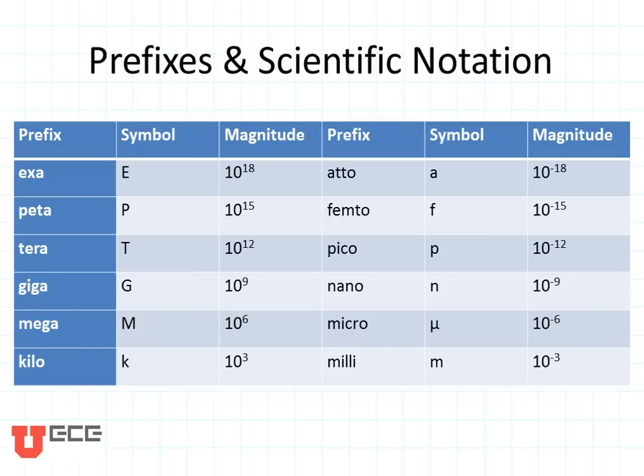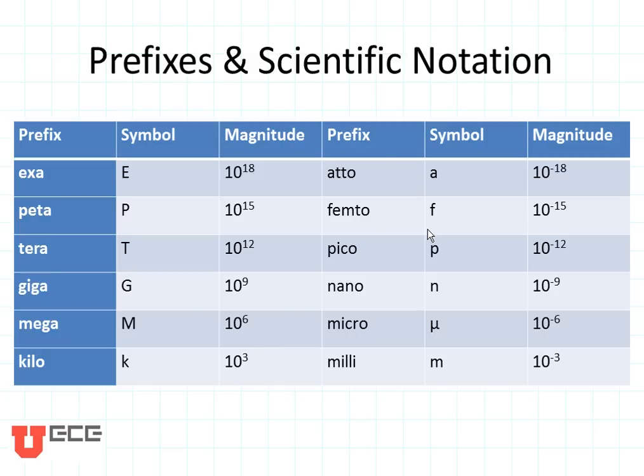When we talk about very large or very small numbers, we use special prefixes. You've seen these before. Prefixes that are very common in electrical engineering, for example, if we were talking about frequency of wireless communication, would be gigahertz or megahertz, 10 to the 9 hertz or 10 to the 6. Kilovolts, for example, 10 to the 3rd, would be a large voltage.